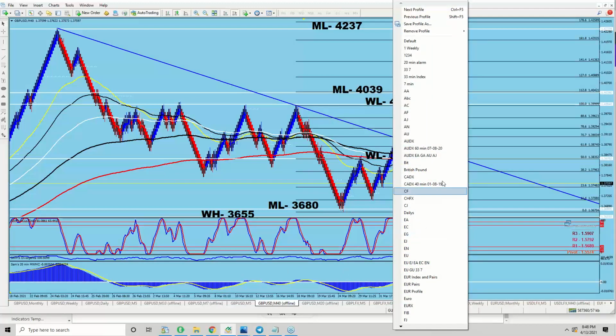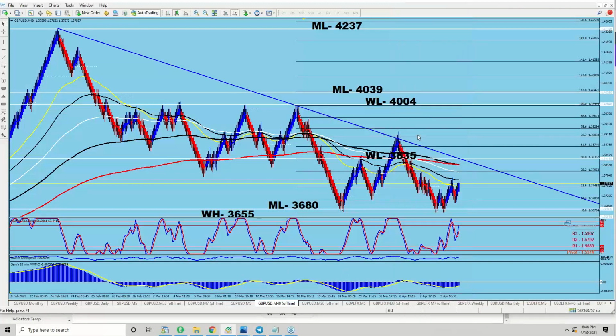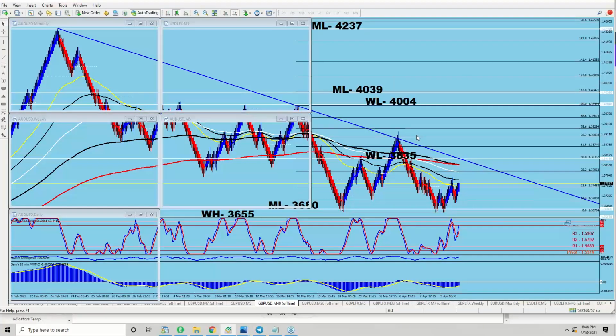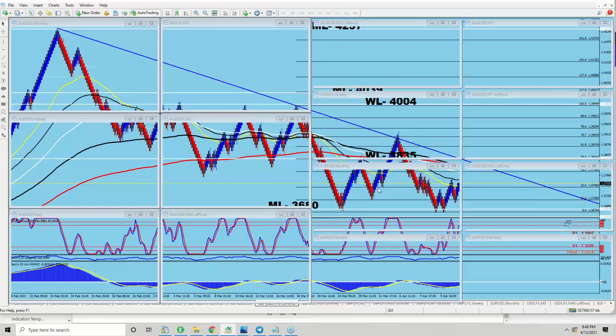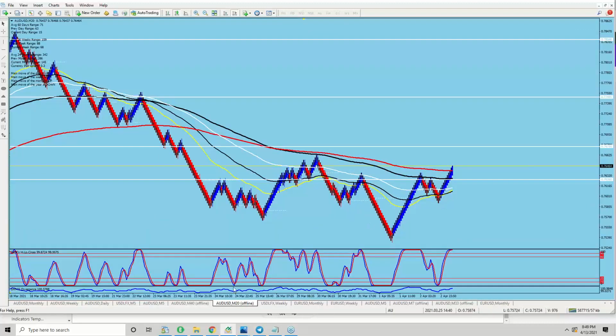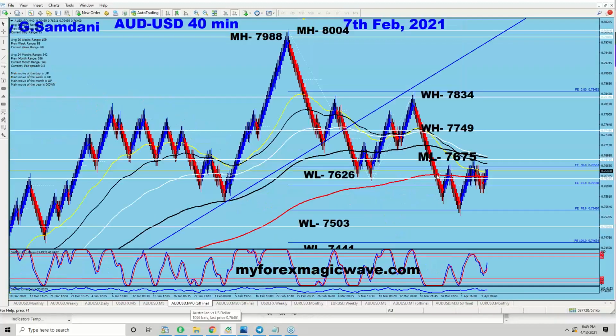What about Aussie USD? I'm just going to show a couple of them, and then you get the idea. So prepare yourself accordingly. Again, this one is 20-minute, and then on the 40-minute there is this beautiful short setup in place. It was a short setup right here. It started to play out.